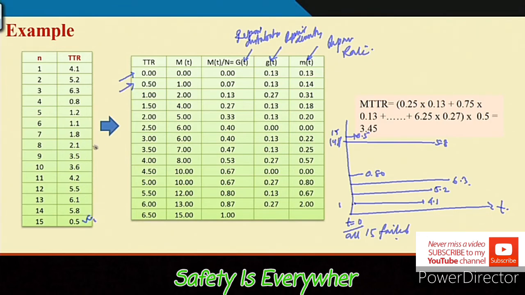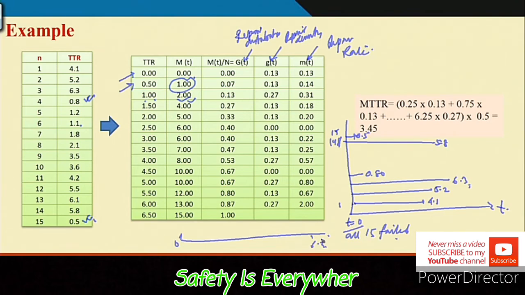Then the next smallest is 0.8, and 1.1, and so on. Arranged in ascending order from 0, the maximum one will be 6.3.